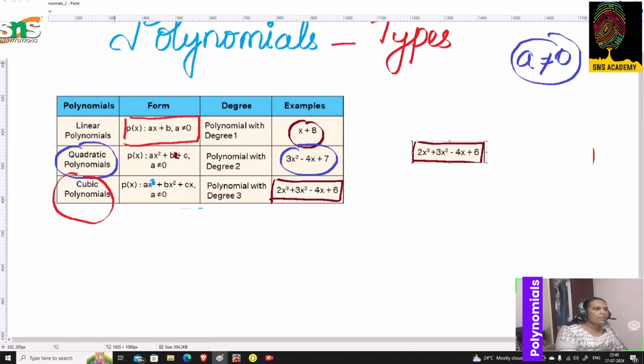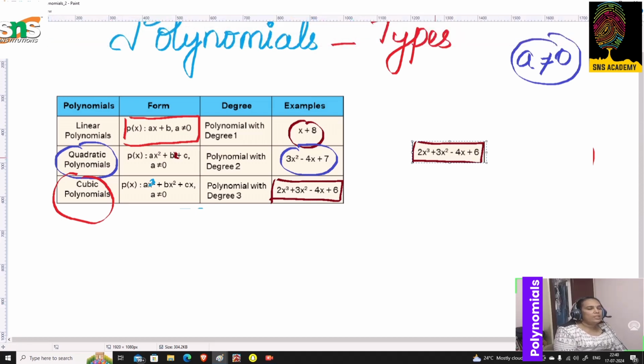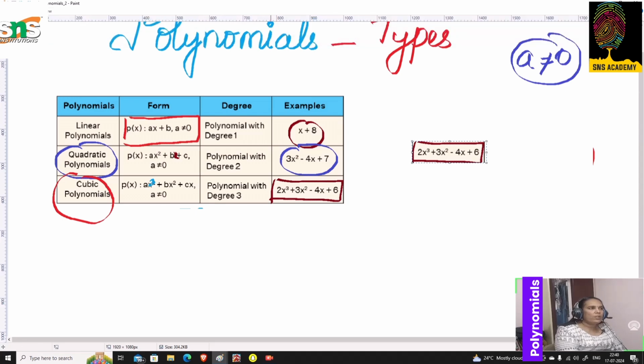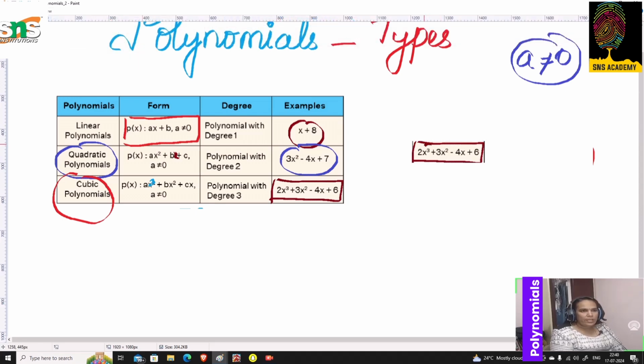The particular polynomial I am taking out and writing. Now when you observe the polynomial, we are not bothering about the number of terms, we are checking only the highest power, the degree of the polynomial. Here it is 3. So this polynomial 2x cube plus 3x square minus 4x plus 6 is a cubic polynomial.